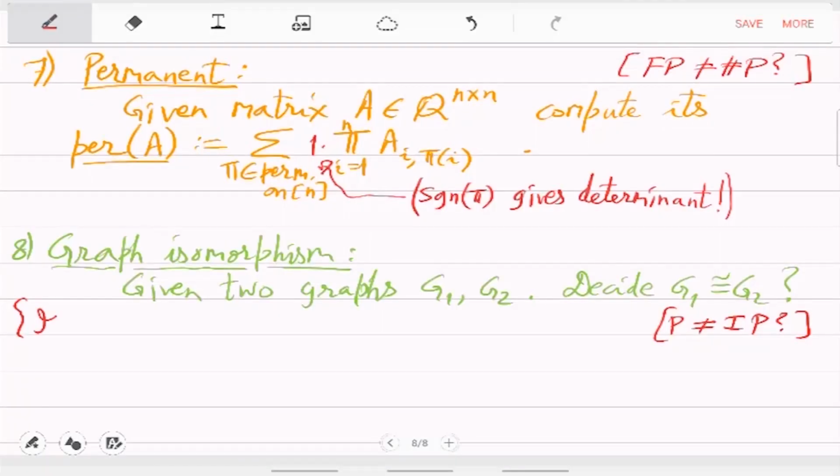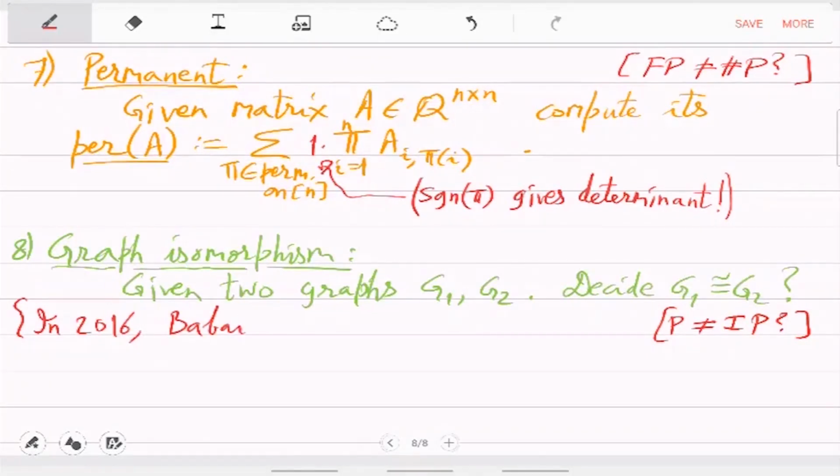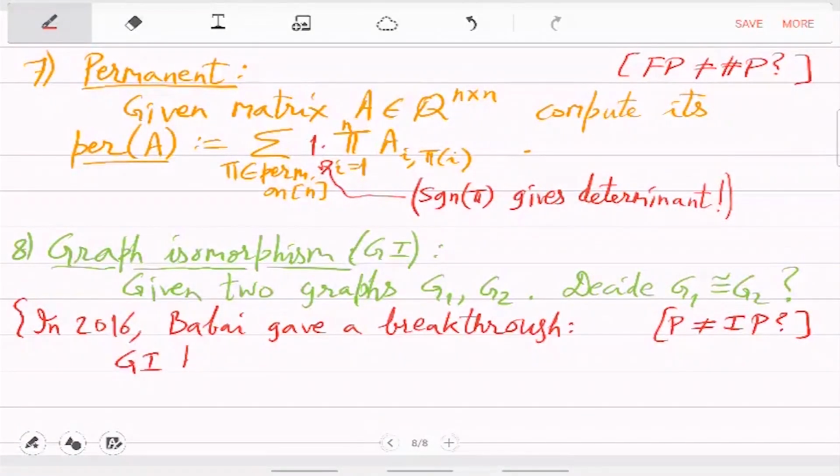What happened is in 2016, Babai gave a breakthrough showing that GI, let me call this graph isomorphism problem GI, has a two raised to polynomial in log n, some absolute universal constant C, this much time algorithm.